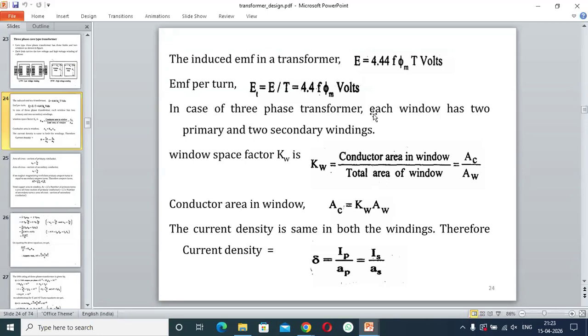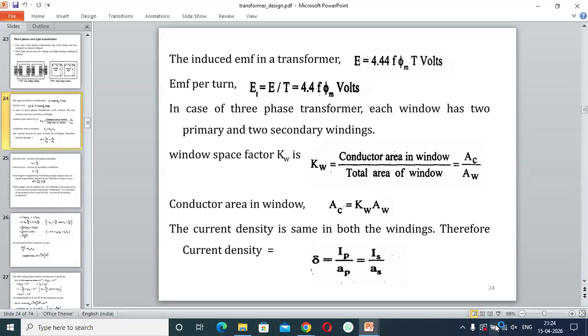So in case of the three-phase transformer, each window has two primary windings and two secondary windings. In the single phase, we have only one primary winding and one secondary winding.